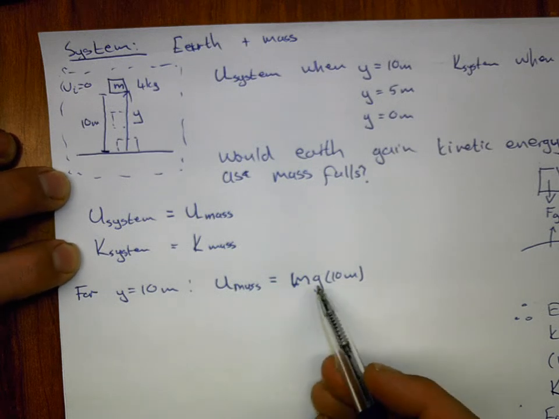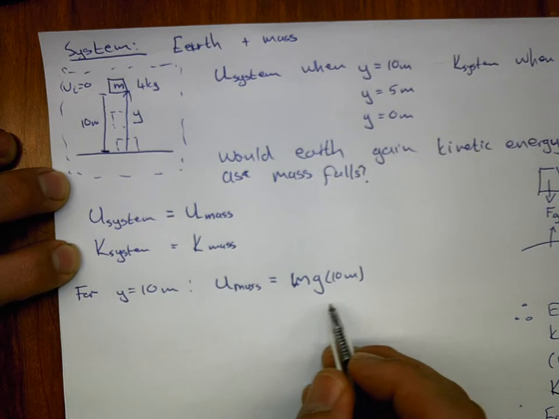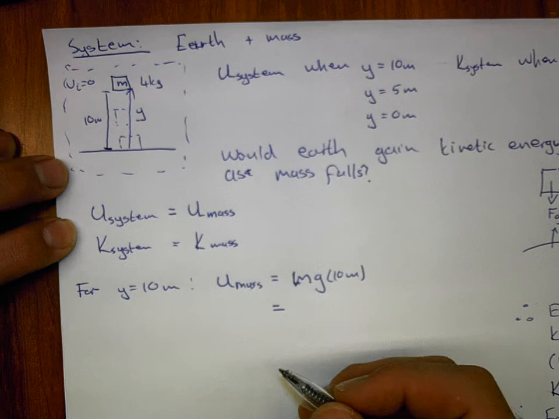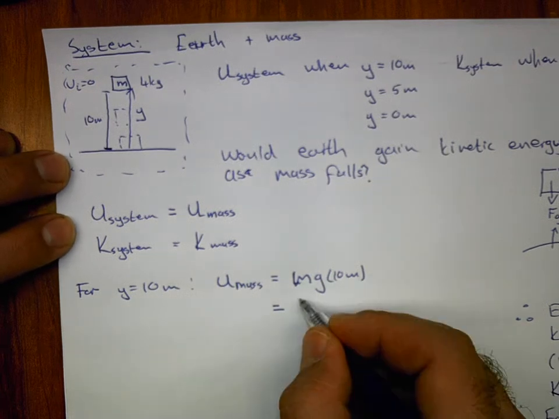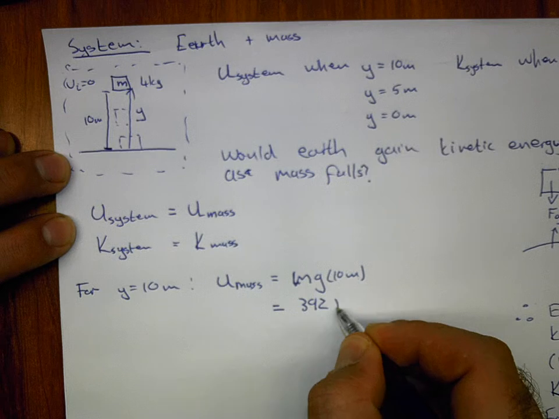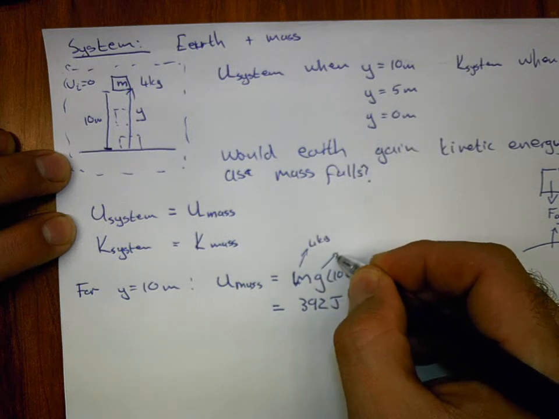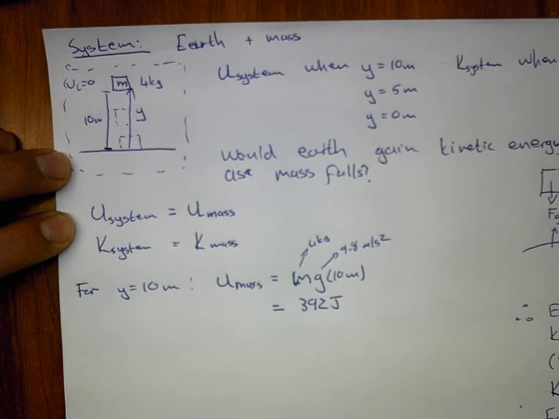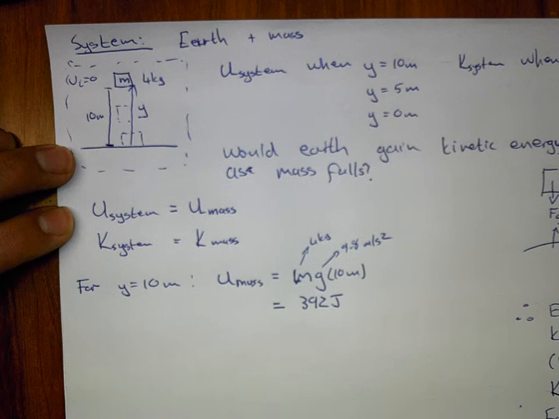It's mass times gravitational acceleration times vertical height above the surface of the Earth. And if you work that out, you find that it is 392 joules. Remember, this is 4 kilograms, that is 9.8 meters per second squared. So if you just multiply out, that's the potential energy of the mass.